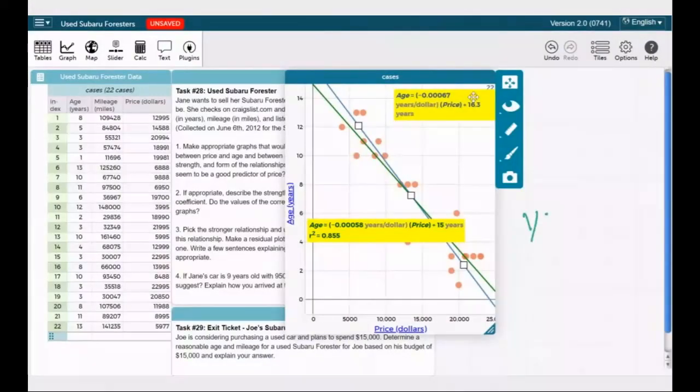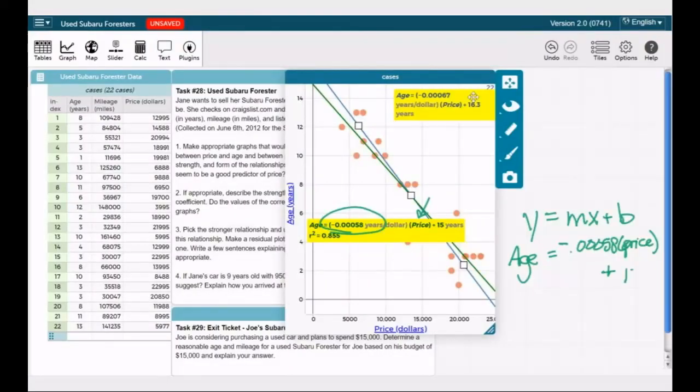Where y is the age of your vehicle. Your slope is given to you as negative 0.00058. You put in a price, and plus 15 years.